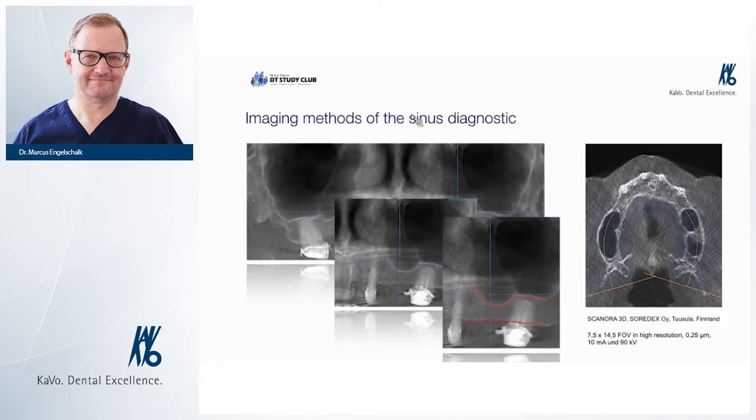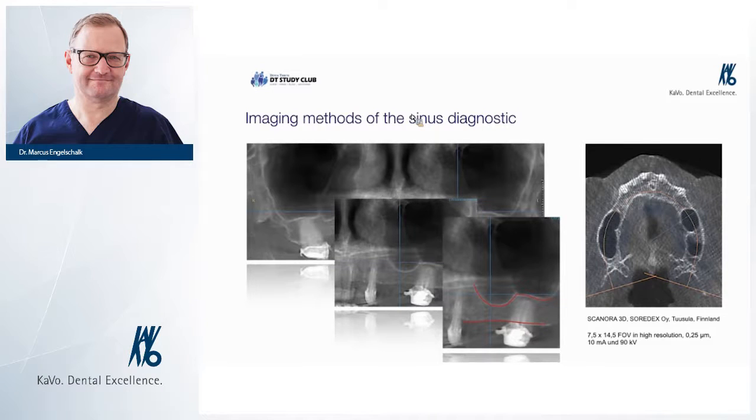And this is a point if you are planning to do X-ray control during your operation, during your internal sinus floor elevation. Just beware that you can only see the bony structure, you can see the amount of augmentation if it's radiologically visible, or the implant, but you won't see any perforation of the membrane.